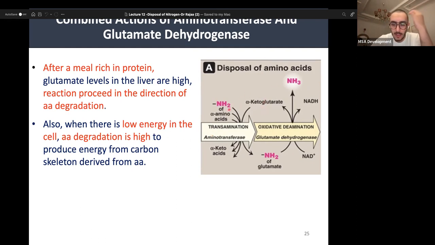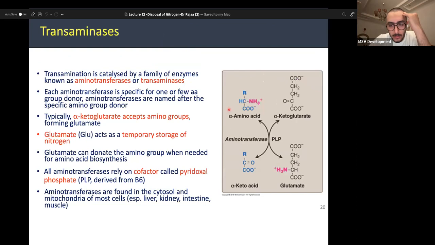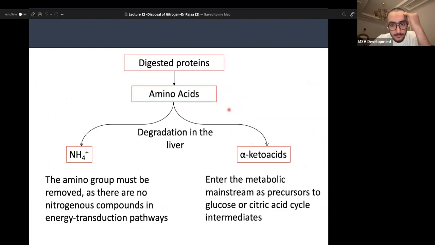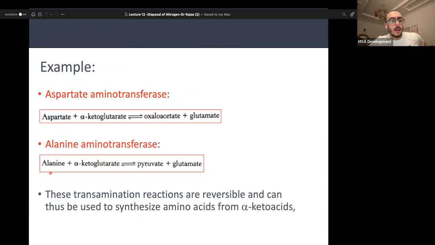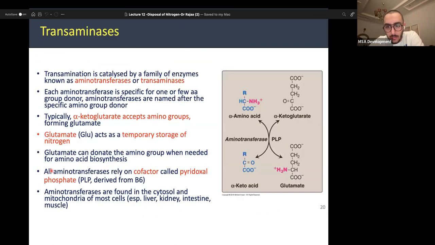Yes, alpha ketoglutarate. Let me go back to make this more clear. I want you to memorize it. So here, I think, yes, this is a good slide. Look at alanine, for example. What is the generic one? I don't want a specific example. I want you to memorize the generic.